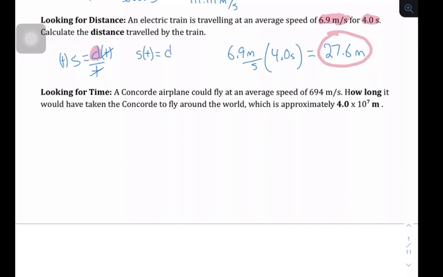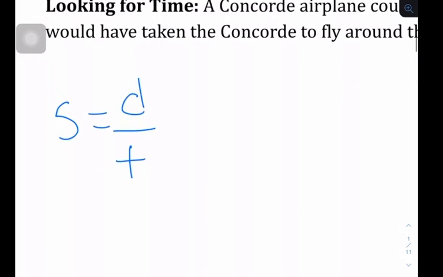This one's the toughest one for people, and why it's the toughest one is because when this formula starts out, our time is in the denominator. It's dividing the distance.